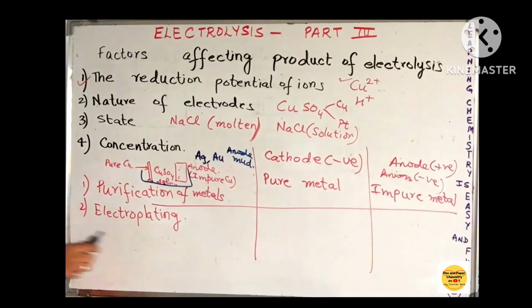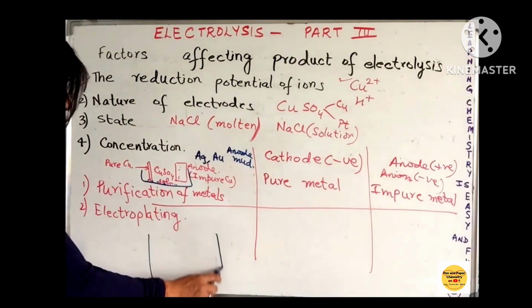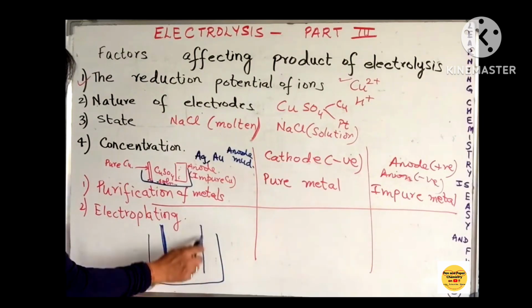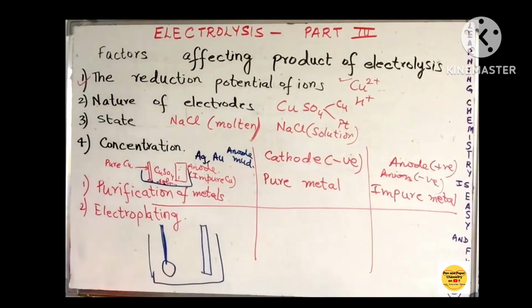So I gave you the example that if I want to electroplate an article, let's suppose I want to electroplate a spoon with silver. So what will be my anode and what will be my cathode? Just ponder over it for a minute and then check your answer. It will do you good.